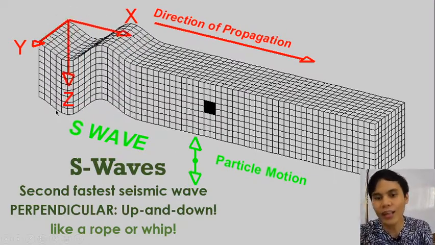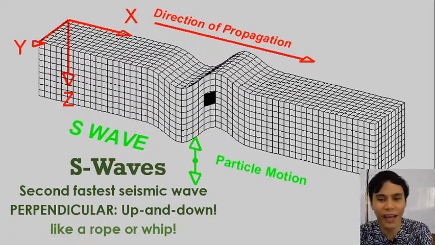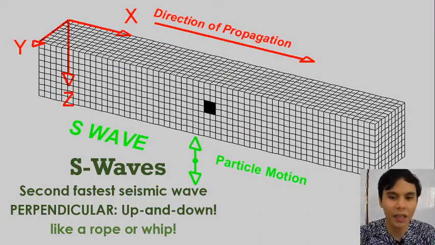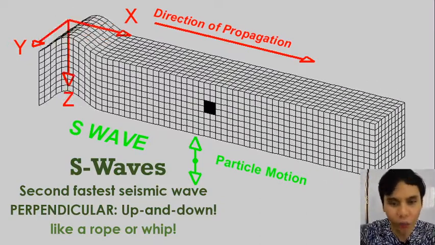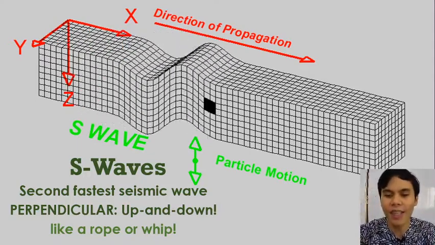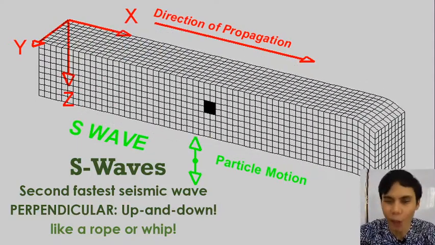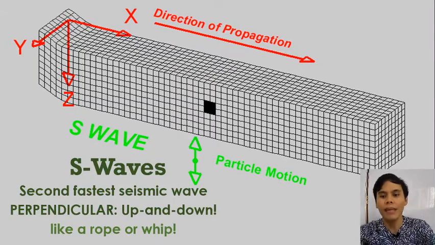Your S wave, or the secondary wave, is the second fastest. That's why it's secondary. The difference is that it's perpendicular. It uses what we call shear forces, S-H-E-A-R. These are forces that cause a perpendicular movement of matter, meaning it's up and down.